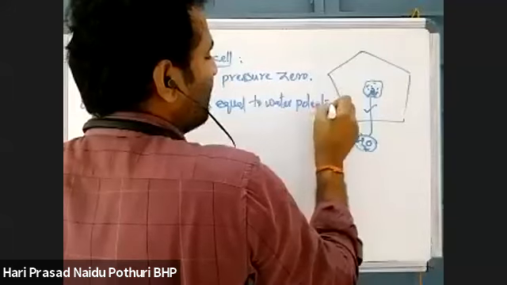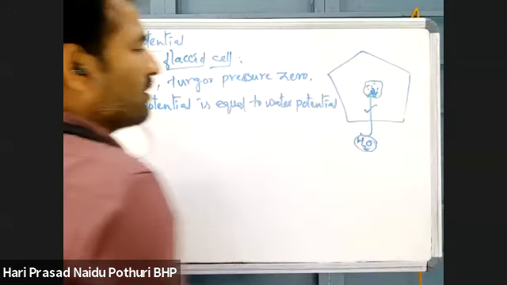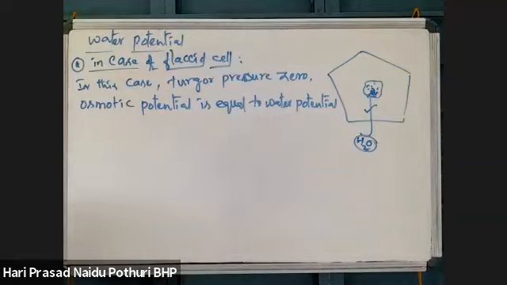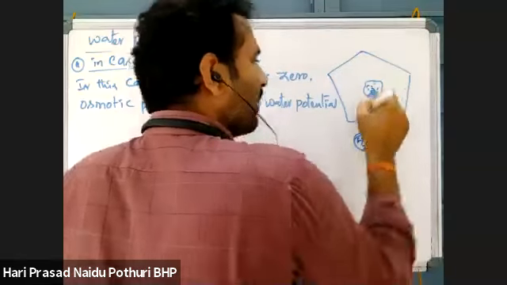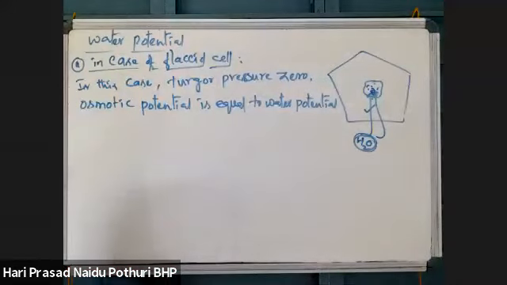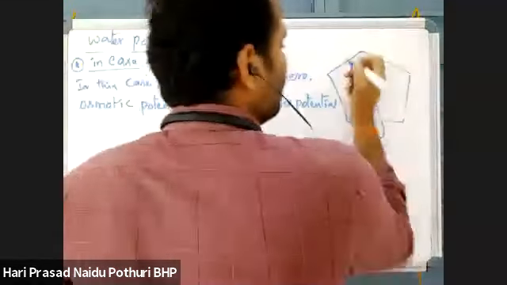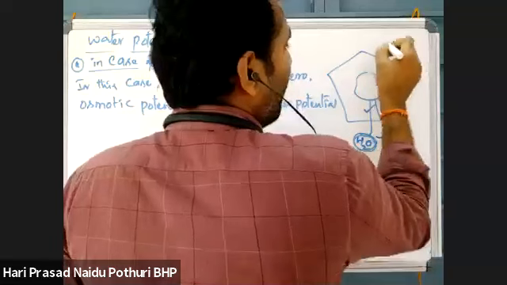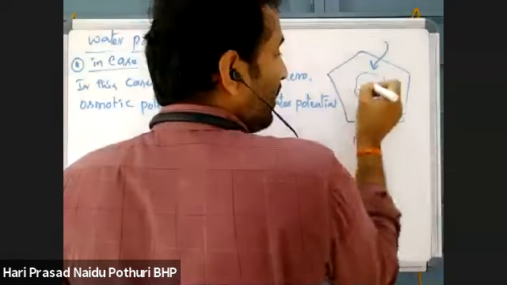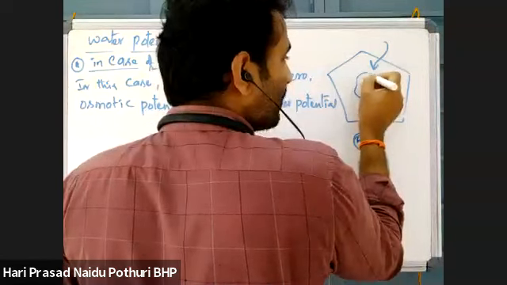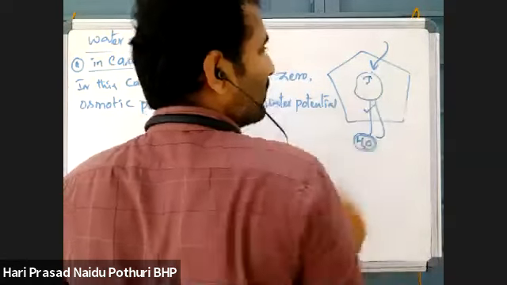How much the water movement, that much osmosis is taking place. The water potential alone is entering. Suppose the movement is from outside to inside, that is osmosis. During that movement, there is no force opposing from inside to outside.